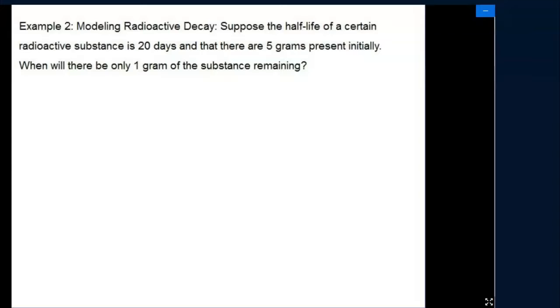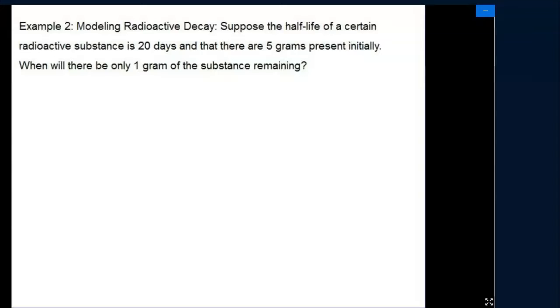So it says modeling radioactive decay. Suppose the half-life of a certain radioactive substance is 20 days and that there are 5 grams present initially. And we want to find out when there is 1 gram remaining. So we have a particular formula that we're going to talk about.